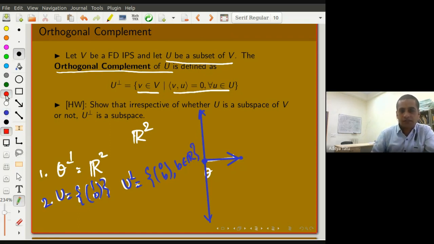How about, let's say I take this entire line, that passes through, let's say, (0, 1). If this entire line is my set U, then what is the orthogonal complement?